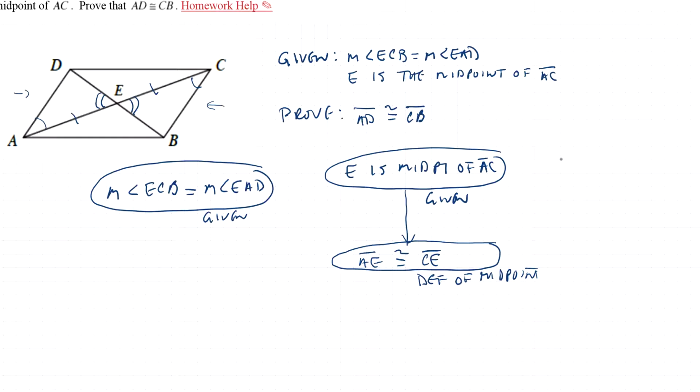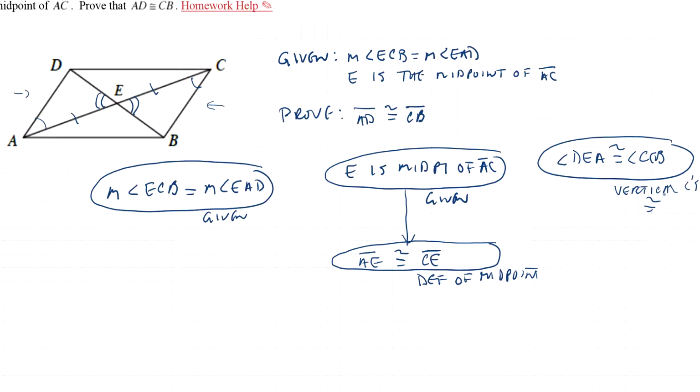So I would say angle DEA is congruent to angle CEB, and I know that because those are vertical angles, and vertical angles are congruent.